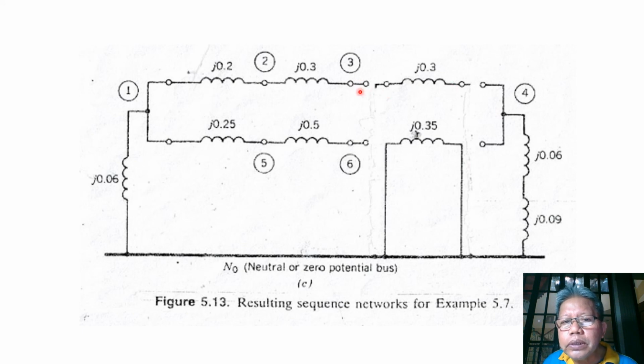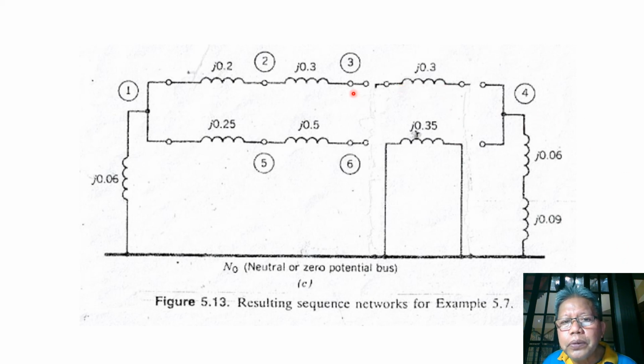Zero sequence current cannot flow here, so no current can flow. And then this is open, so no zero sequence current can flow at this side, right? So we do not worry about this reactance here, because we just don't have zero sequence current flowing at this side.